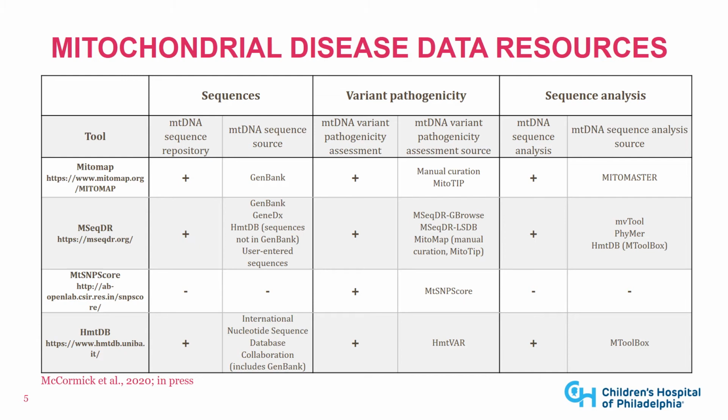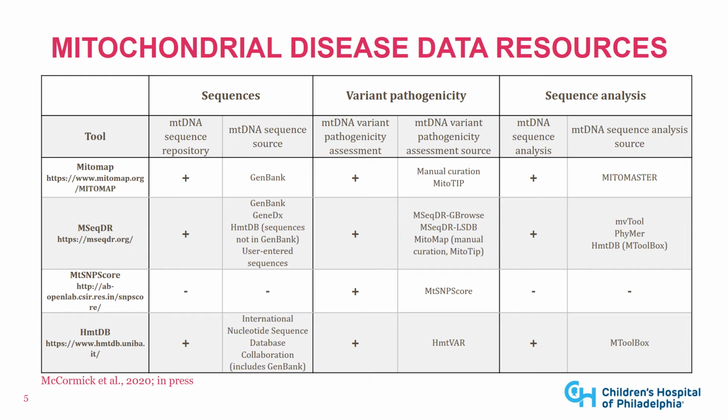So the tools on the far left we have listed. These are the ones that we have found to be the most helpful. And then our first column is sequence data. So which of these tools have general population sequence data that you can get a sense of what the variant frequency is in the general population? The second column is, do these tools have those variant pathogenicity, or those in silico predictor tools that can give you a really good guess of if that variant is disease-causing or not?